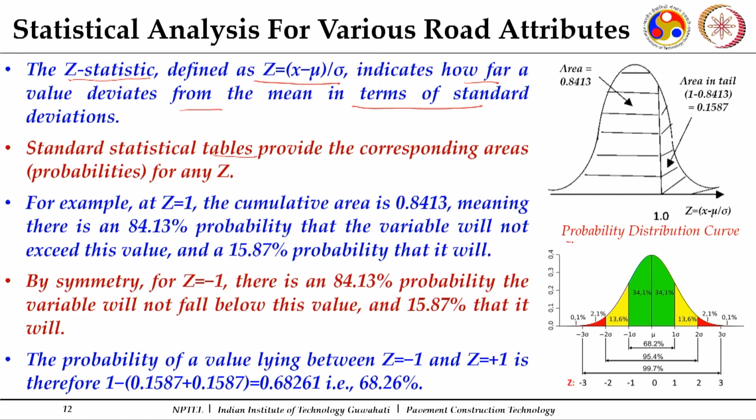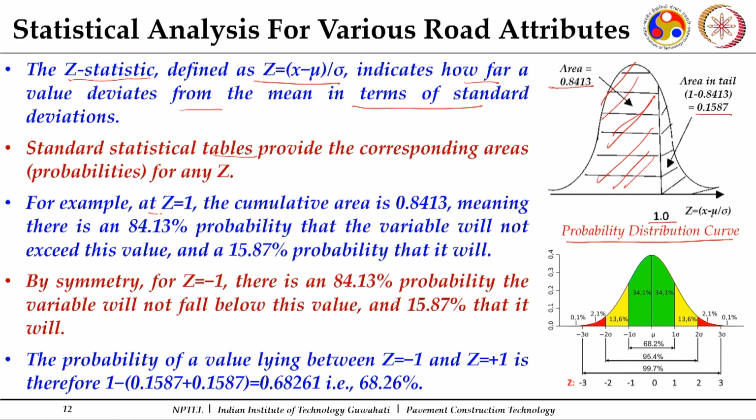Here you can see the probability distribution curve, and it can be for any characteristic. It may be for density, it may be for, say, air void content. If Z has a value of 1, the area under this curve less than this point is around 0.8413, and whatever is exceeding, in the tail on the right hand side, will be 1 minus 0.8413, which is 0.1587.